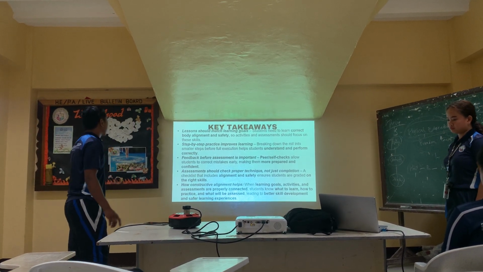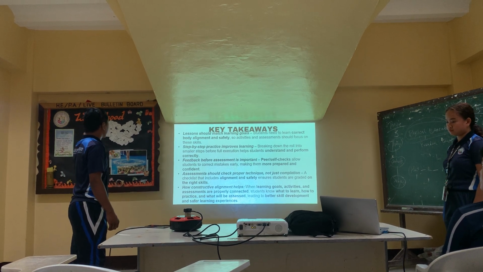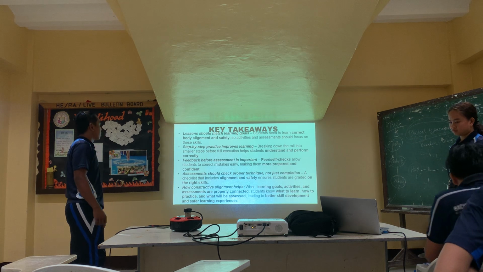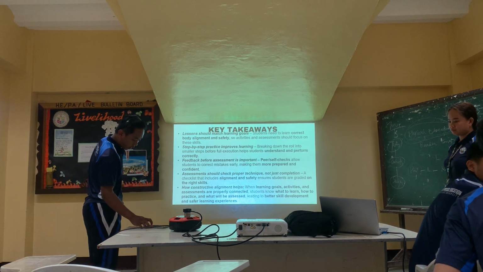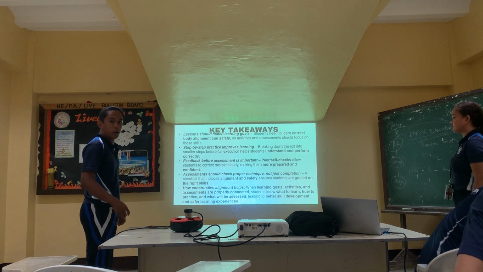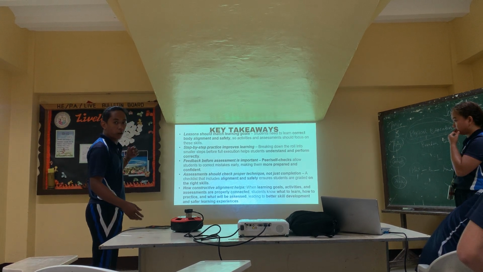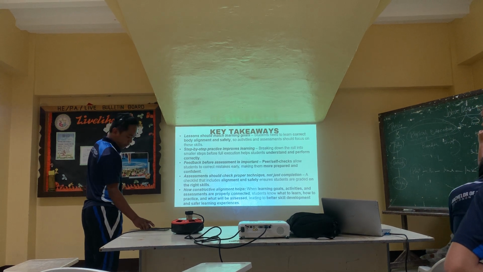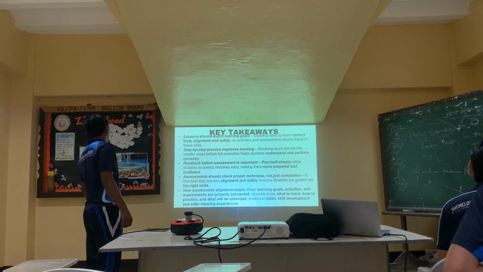Step-by-step practice improves learning. Breaking down the roll into smaller steps before full execution helps students understand and perform correctly. To simplify the process, each step is easier to embrace than the whole movement, and it also builds confidence.